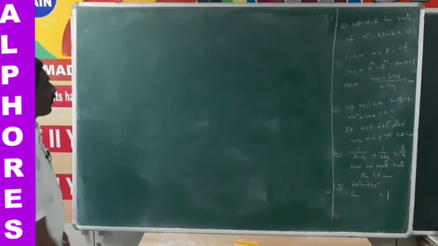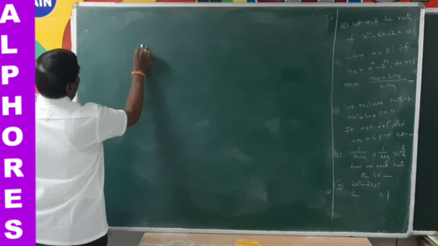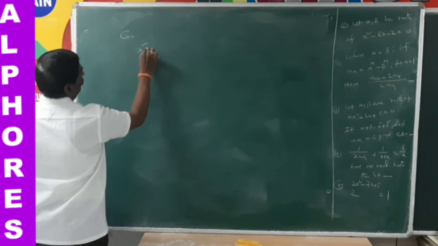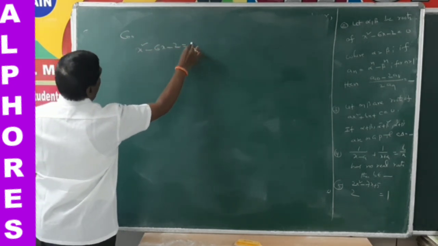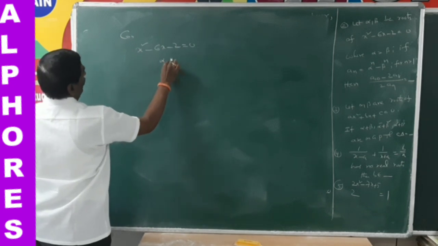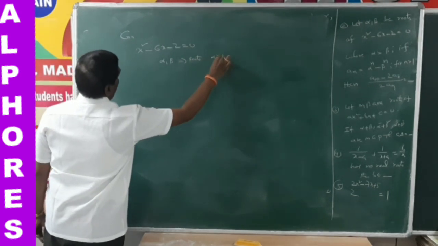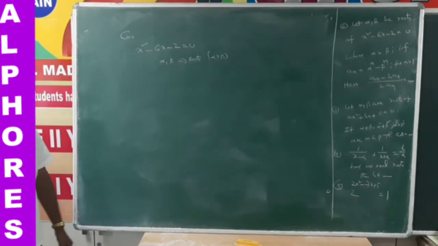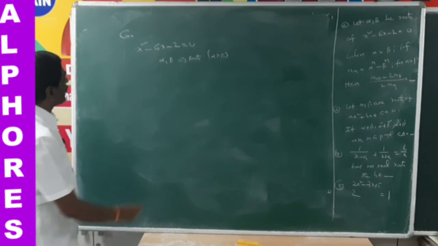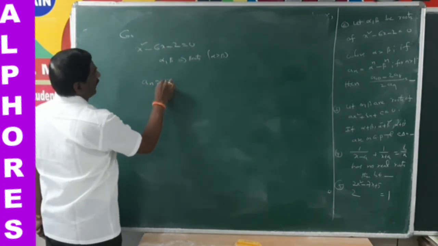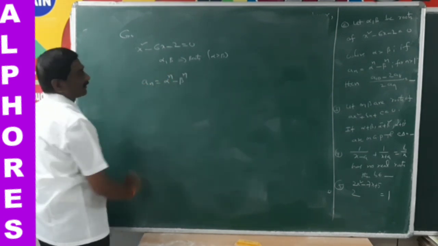Now, the given quadratic equation is x square minus 6x minus 2 is equal to 0, and alpha comma beta are the two roots of this equation. Here alpha greater than beta, and a n is equal to alpha power n minus beta power n.